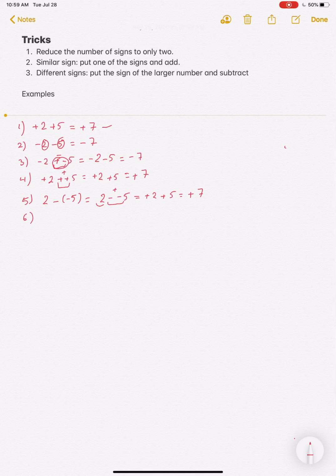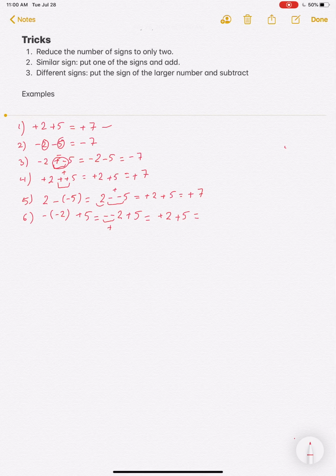6. What if we have negative 2 plus 5? Now, this can be written as negative 2 plus 5. Negative and negative will give me positive. So it's positive 2, positive 5.